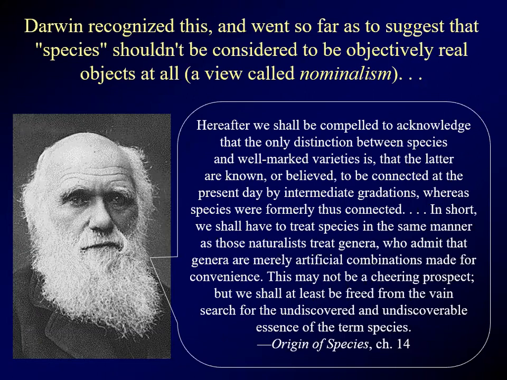Naming species would be a little bit like naming colors, in that it's convenient to talk about red, orange, yellow, green, blue, purple, etc. But in reality, those are all just points along the spectrum, right? If you see the full spectrum of visible light, there's no dividing line between red and orange. Red just kind of fades into orange.